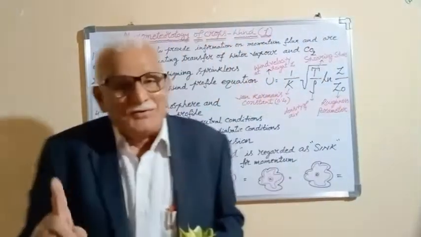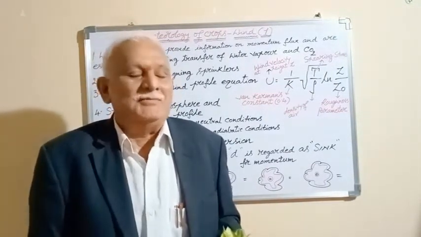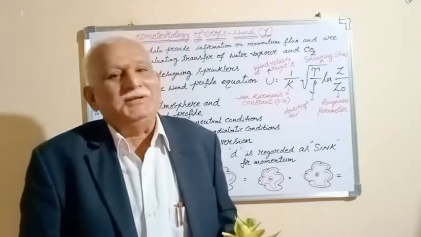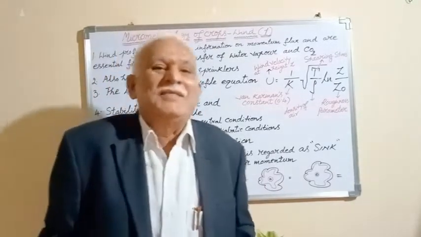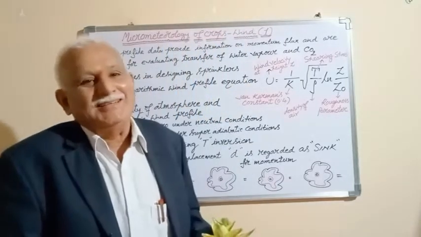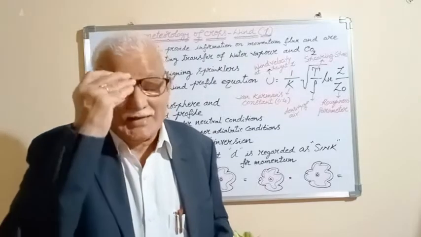That's what I told. Again I repeat, the Richardson number is a dimensionless number. Of course, it gives wonderful information about the buoyant forces and frictional forces. Under neutral conditions, the Richardson number reaches 0. What exactly does it mean?